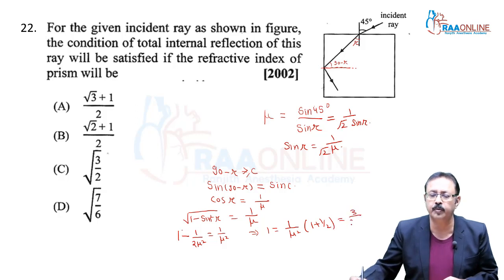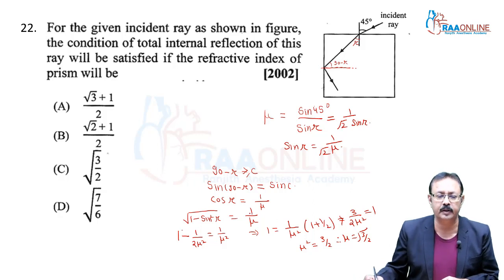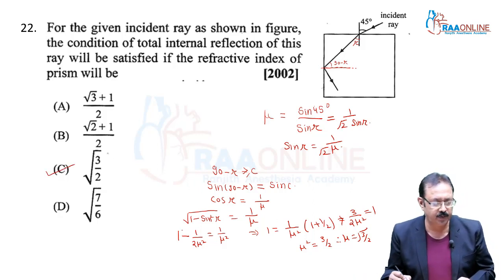So 3 by 2 mu square is equal to 1. So mu square is equal to 3 by 2. Therefore mu is equal to root 3 by 2. So the minimum value of this mu is root 3 by 2. So we are going with option C.